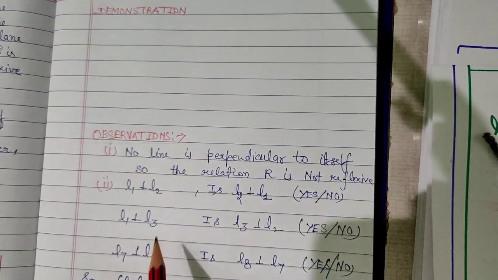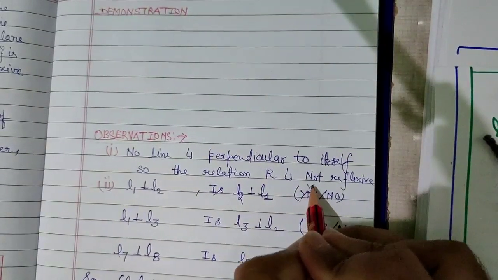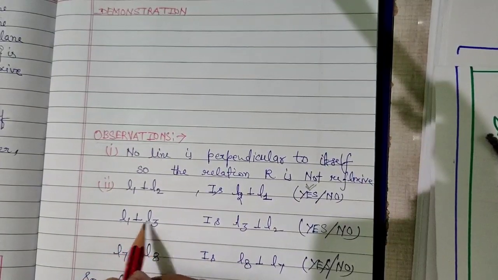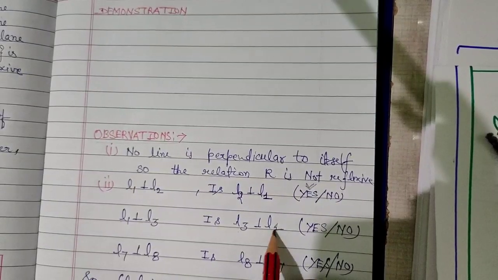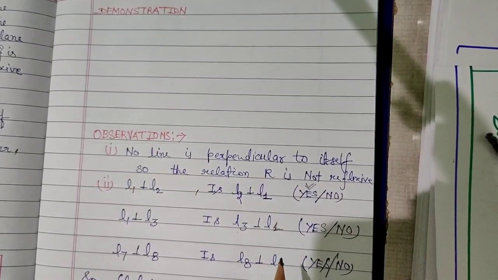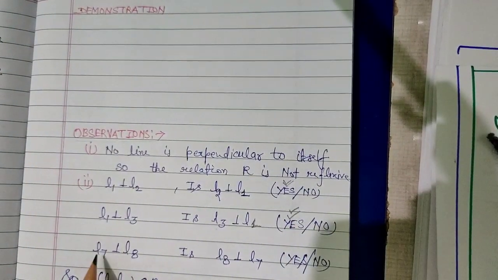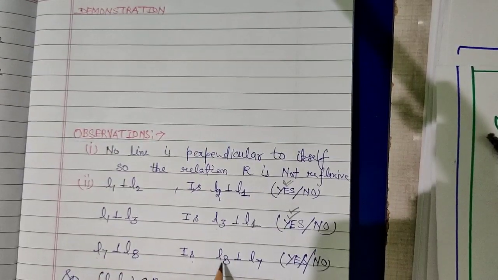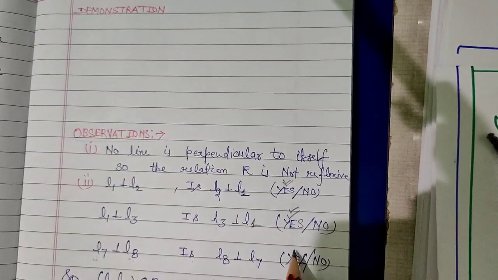Similarly, L1 perpendicular L3, is L3 perpendicular L1? Yes, this is also true. L7 perpendicular L8, and reversing it, is L8 perpendicular L7? Yes, this is also true.